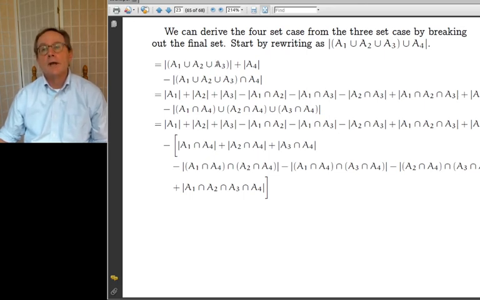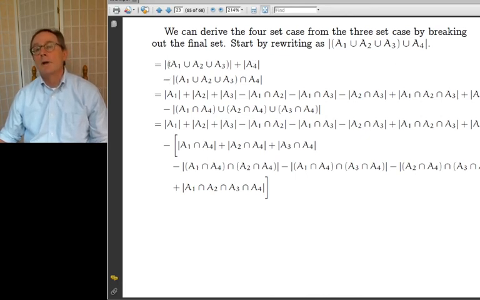The 4 case is derived from the 3 case by first writing down A1 union A2 union A3 union A4. You consider that to be the union of the first thing, this triple in parentheses, union with A4, and we know from the first line on the prior slide that that is the number of things in the first plus the number of things in the second, subtract the intersection.